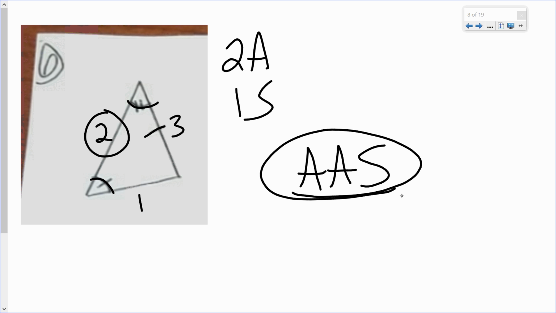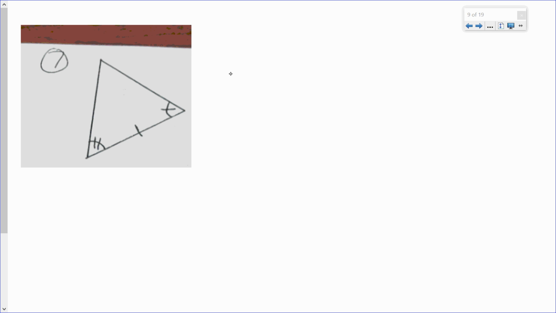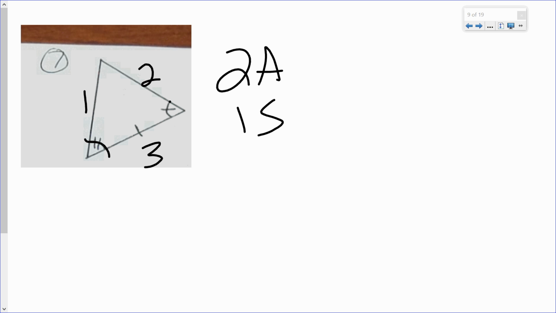There's 2 angles and one side, and the side that's marked is not the side that's between the 2 angles. This is the side that's between the 2 angles. That's not marked. Now 7, again, I have 2 angles and 1 side. Let's give them numbers again, 1, 2, and 3. Which side is between those 2 angles? This one.